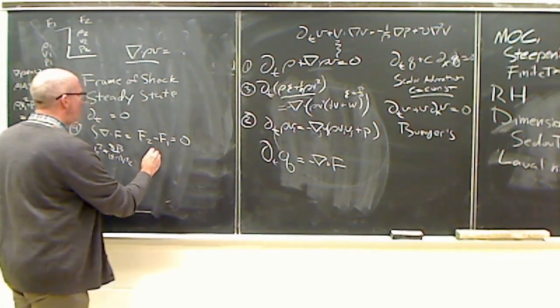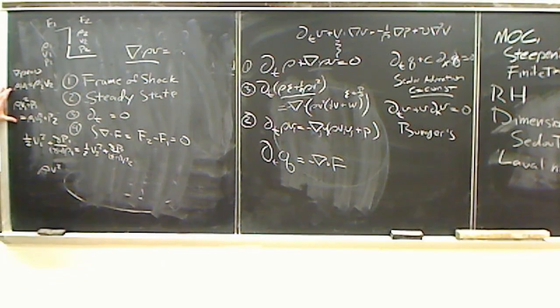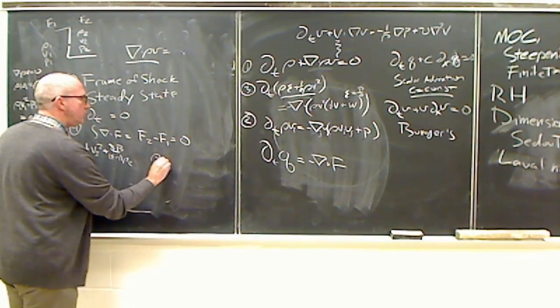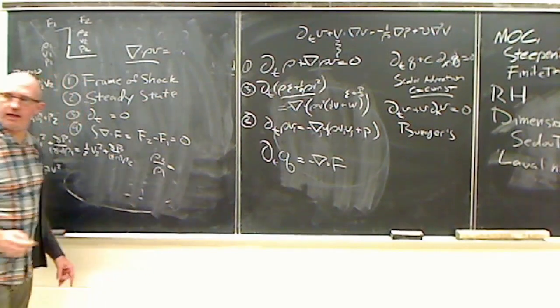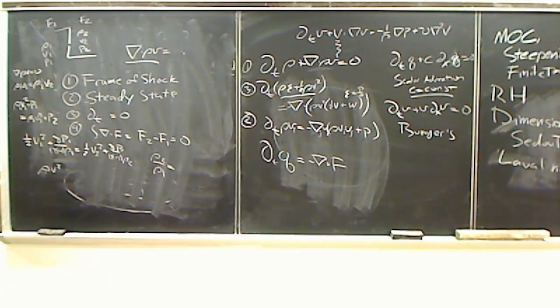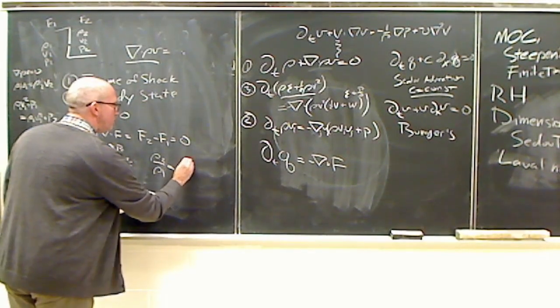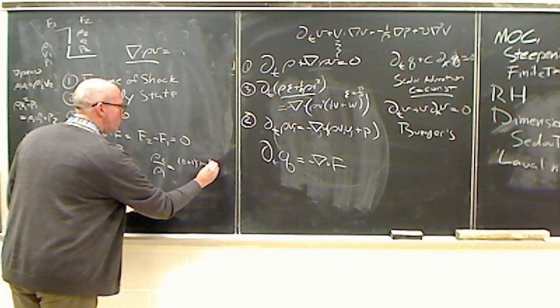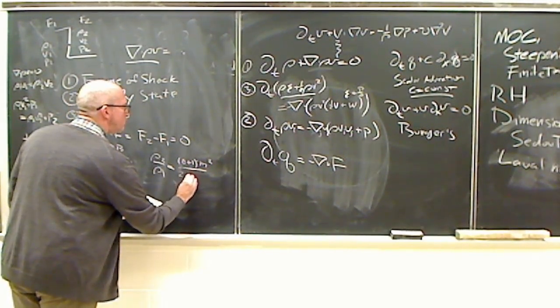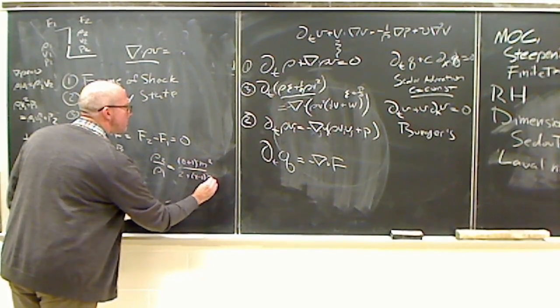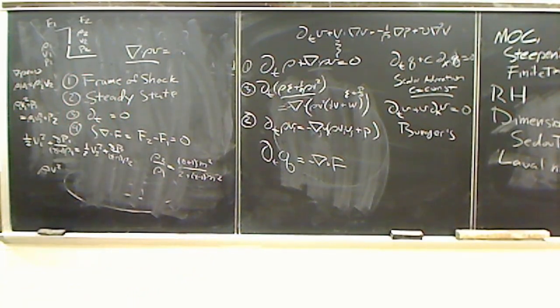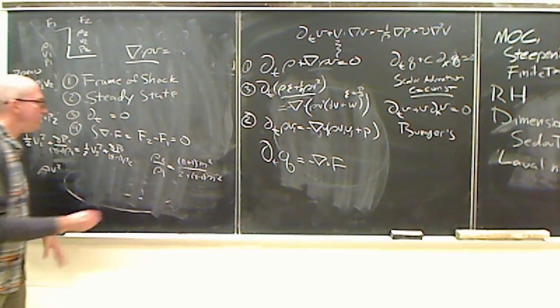So you just take these 2 equations and you solve for rho 2 over rho 1, and you're left with gamma plus 1 times the Mach number squared over 2 plus gamma minus 1 times the Mach number squared. So this tells you how much denser it gets. This is kind of useful. Oh, and we've defined the Mach number here.